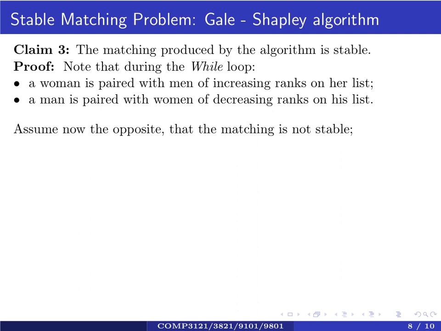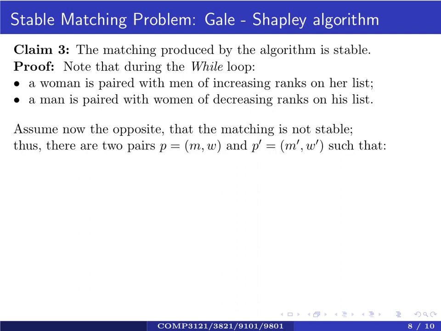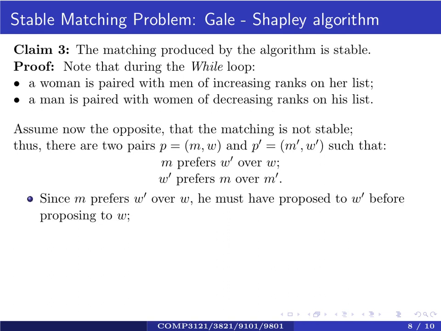So now assume the opposite, that the matching is not stable. So what does this mean? There are two pairs, P equals MW and P prime equals M prime W prime, such that M prefers W prime over W and W prime prefers M over M prime. Since M prefers W prime over W, he must have proposed to W prime before proposing to W, because he always proposes in the order of his preferences.